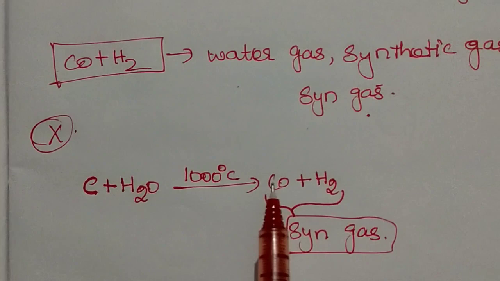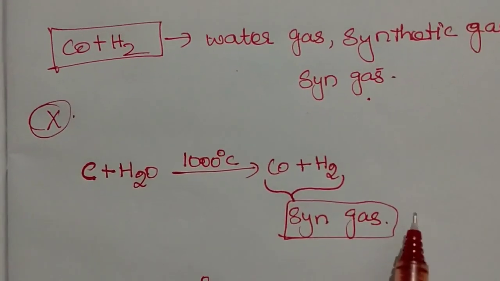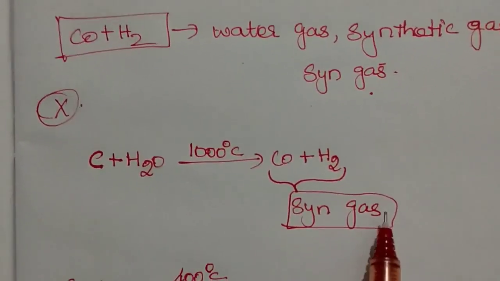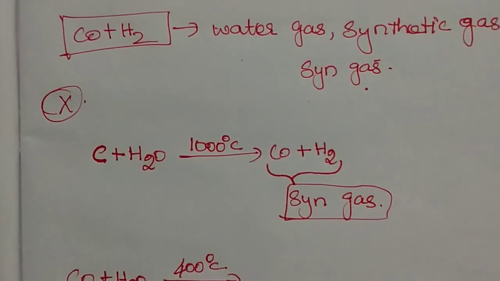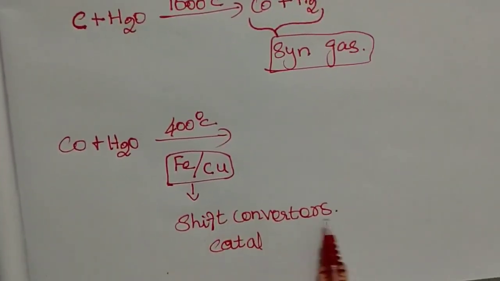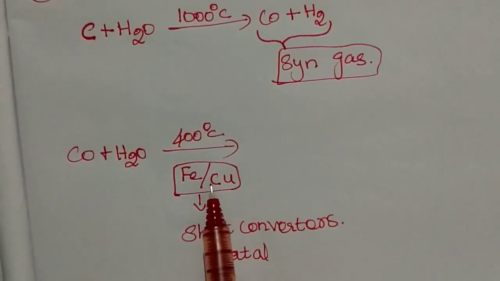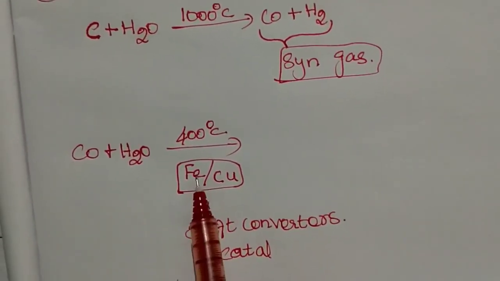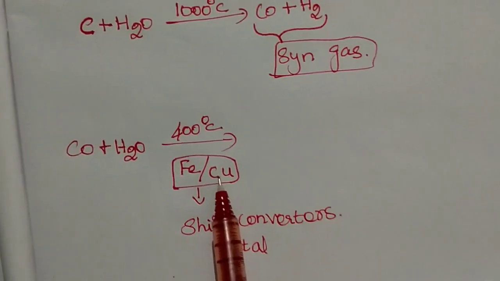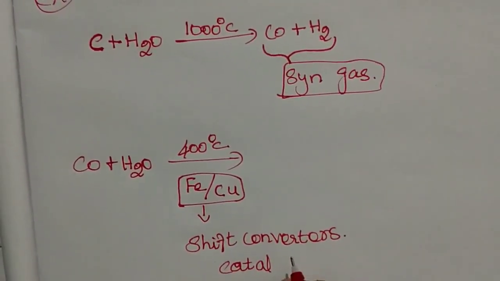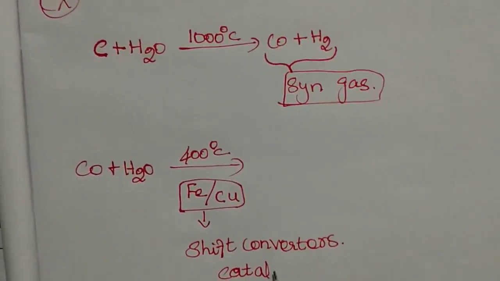From this, carbon monoxide is converted into carbon dioxide by treating with water in the presence of 400 degrees Celsius with the help of shift converters. We have 2 types of shift converters: iron and copper. So shift converters are shift converter catalysts.